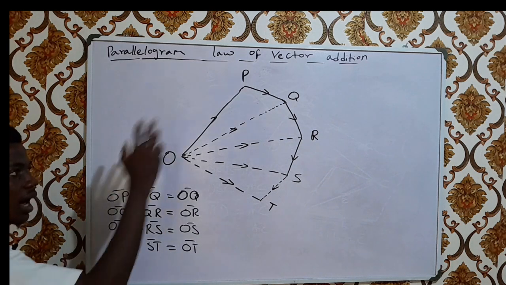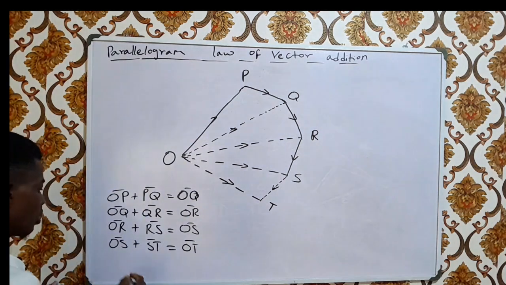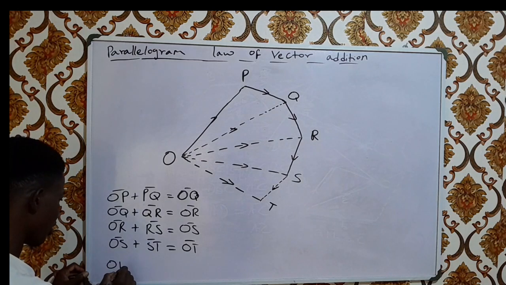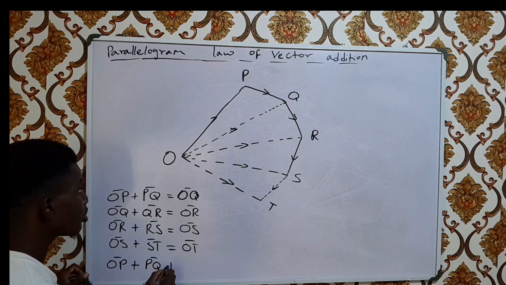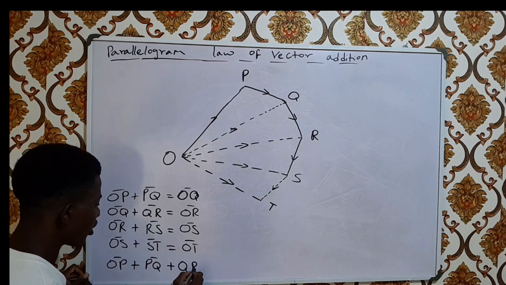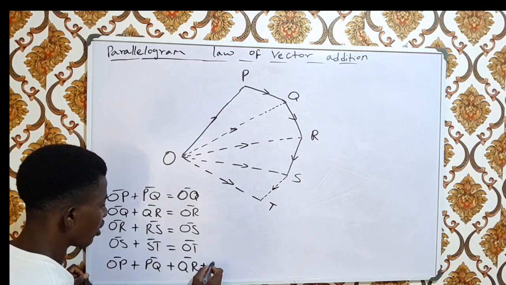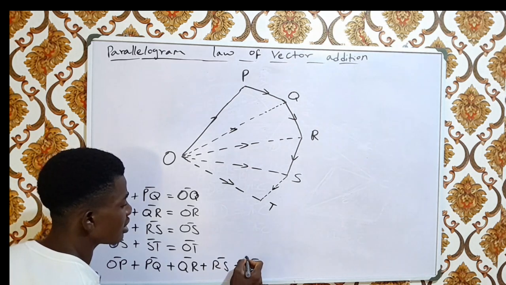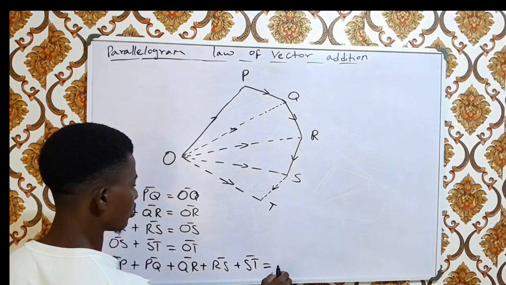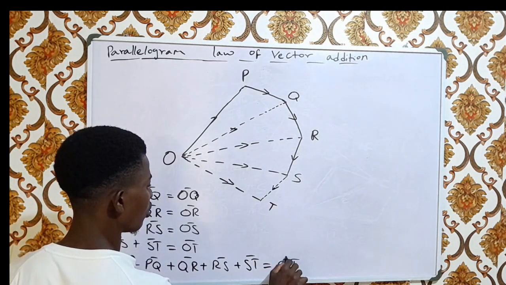Let's see how we can add everything. Now we can say that OP plus PQ plus QR plus RS plus ST is equal to OT.